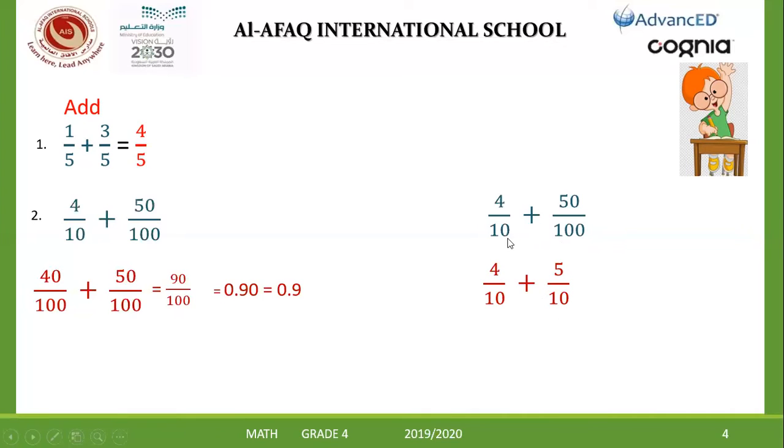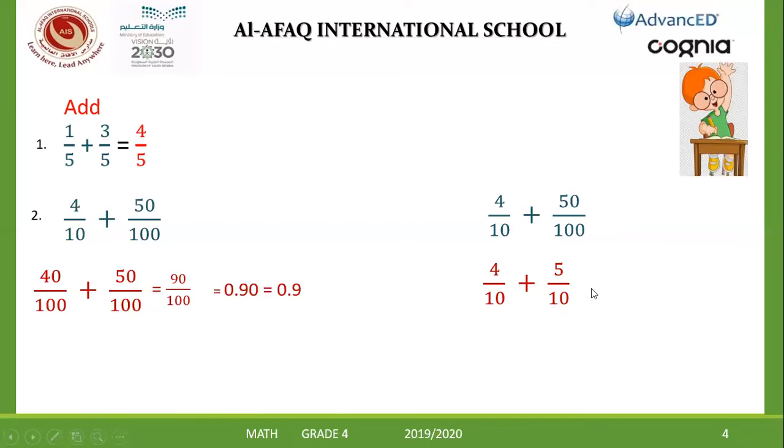So by this way, I keep the first fraction and I change the fraction with denominator of 100 to a fraction with denominator of 10 by getting the equivalent fraction using division as the operation. So by this way also we got the same denominator.